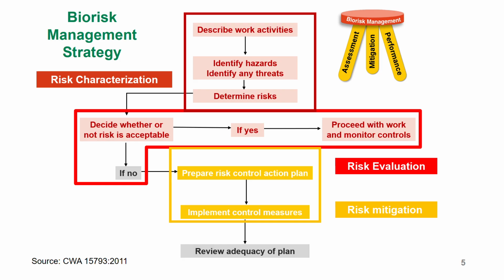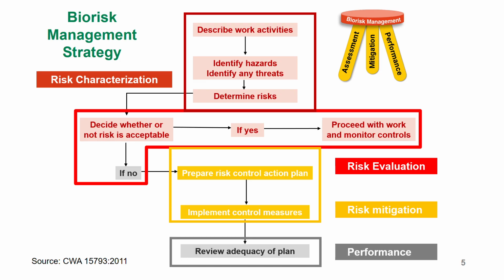So this part where you are reviewing adequacy of the plan is the third leg of the stool, which is your performance. Okay, so what happens next? You've checked your performance, but after you check your performance, what's next? Do you just check your performance and say, okay, we checked the performance and that's it?